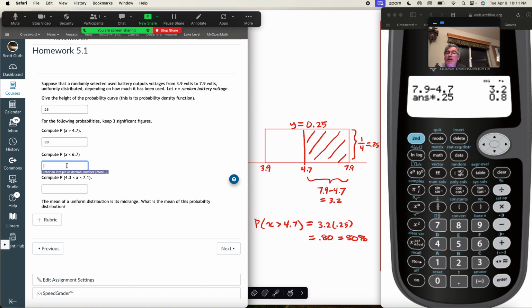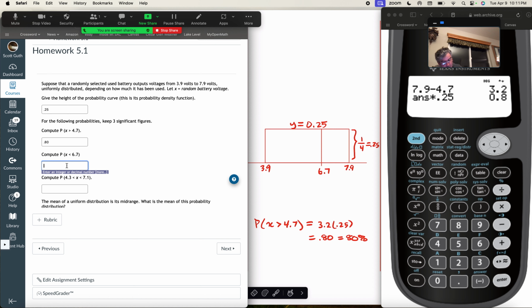Okay. Now we'll do the next one. X is less than 6.7. So I'm just going to go ahead and erase all this. And then we're doing less than 6.7. So 6.7, a little closer to the other side this time.